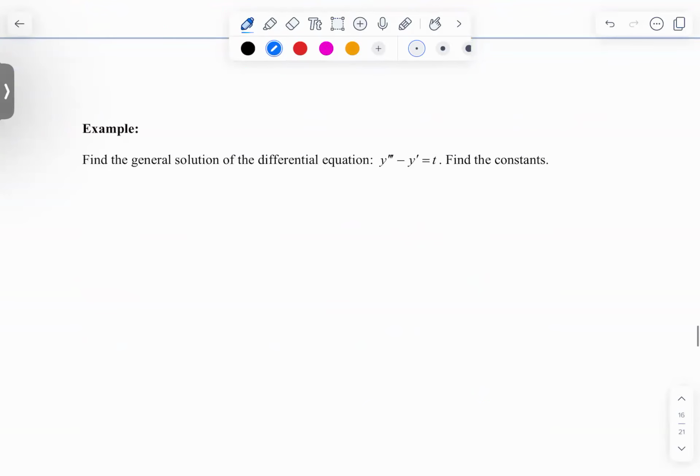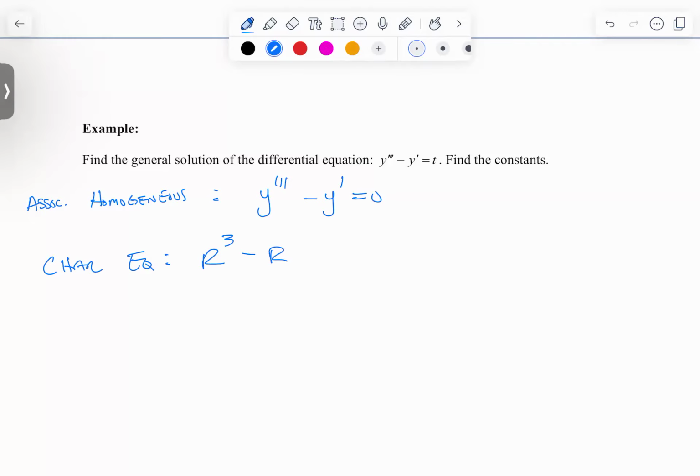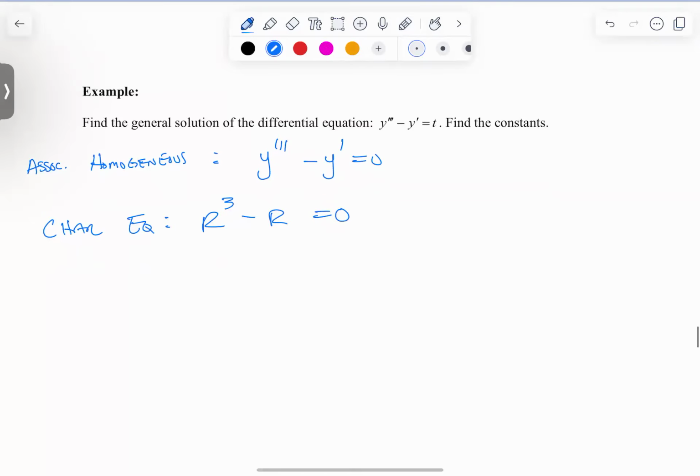All right, beautiful. Let's do that again. This time we're going to find the constants because I want to show something. So once again, I have a homogeneous equation, associated. And this one, actually I can't solve that.